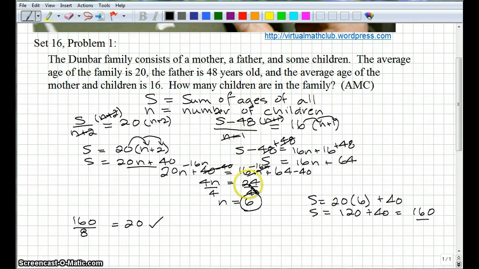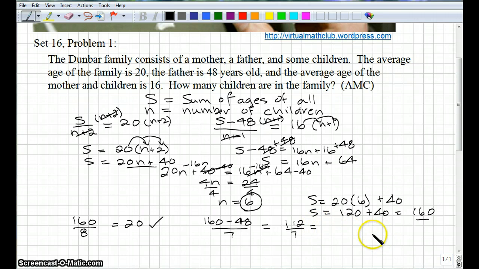We know that the average of all the children's ages plus the mother's age is 16. So if I take 160 minus 48 and divide it by 7, that gives me 112 divided by 7, and that better be 16.